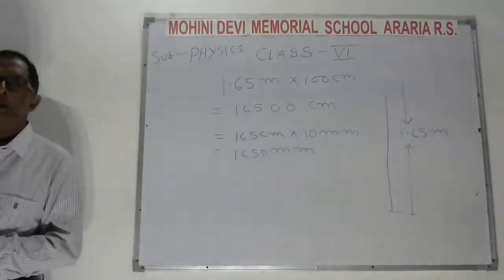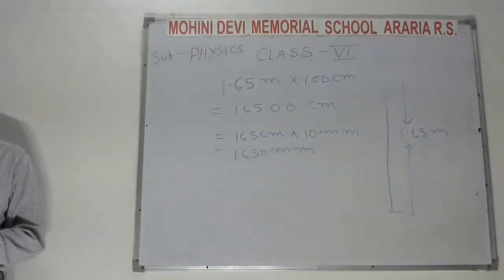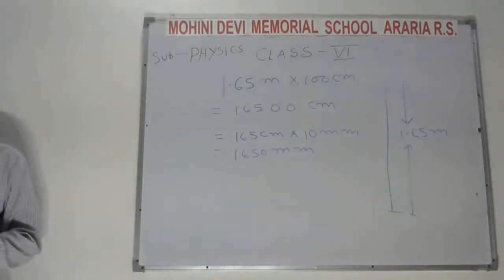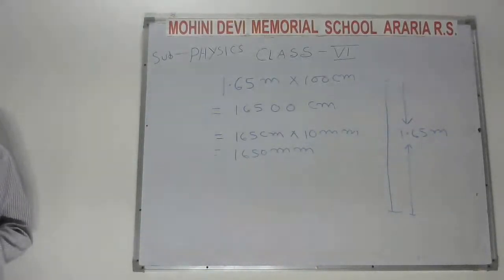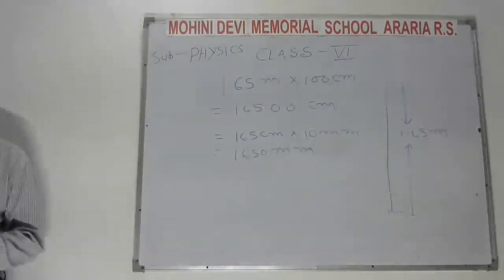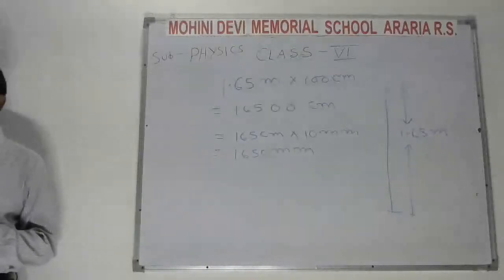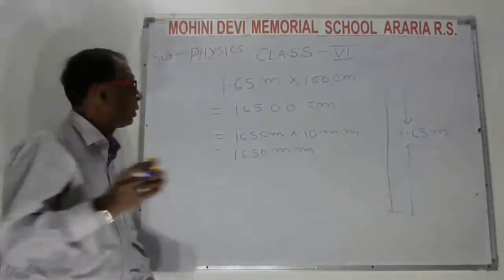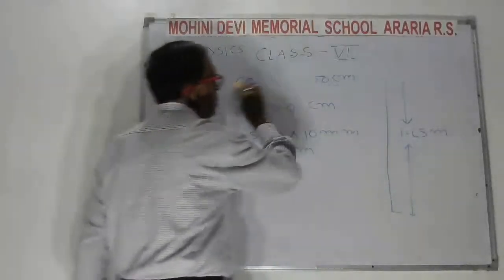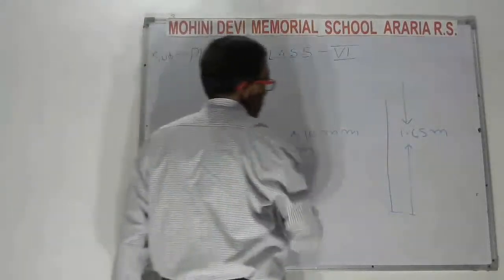It is very easy. And the sixth question, the distance between Radha's home and her school is 3,250 meters. Express this distance into kilometers. The sixth question.